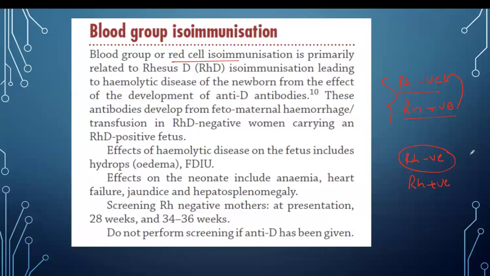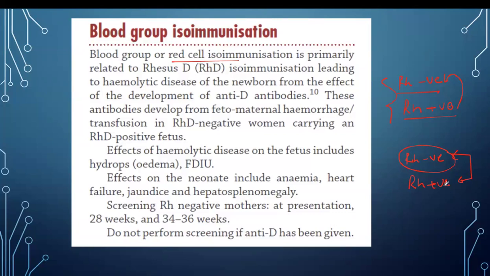If there is any mix of blood, the baby's blood will be destroyed because the mother's blood has antibody against it. So the idea is that we don't allow this antibody to form in the first place. So you give anti-D so that this antibody does not develop in the mother's blood. Does it make sense?